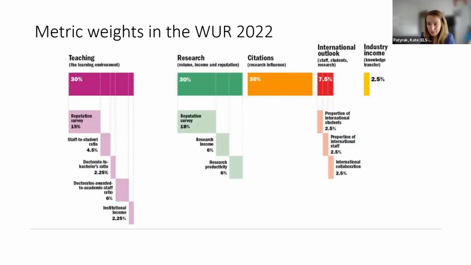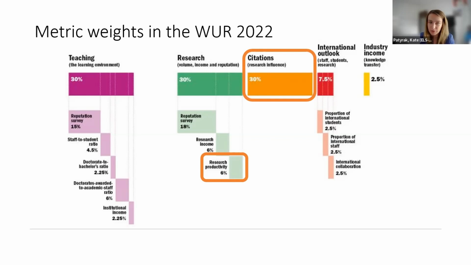So if we take a closer look at these metrics that are in THE World University Ranking, first of all, we have research productivity. So the number of publications, which is 6%. Then we have citations, which is counted based on field-weighted citation impact.